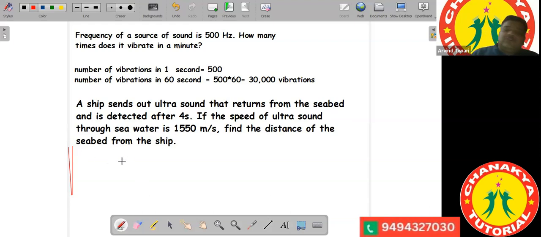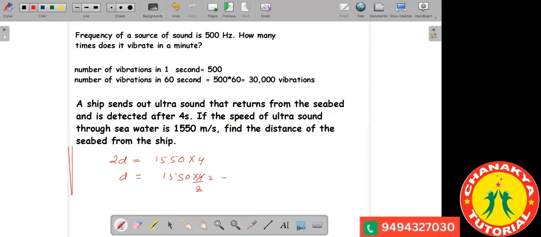So either you use the formula that 2D will be equal to speed into time, 1550 into 4. So your D will be equal to 1550 into 4 over 2, which is 3,100.